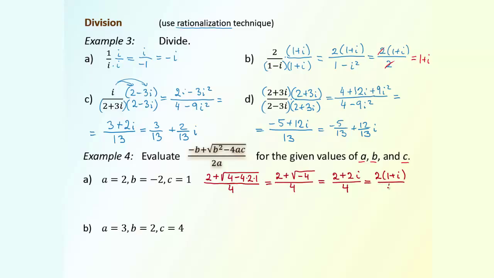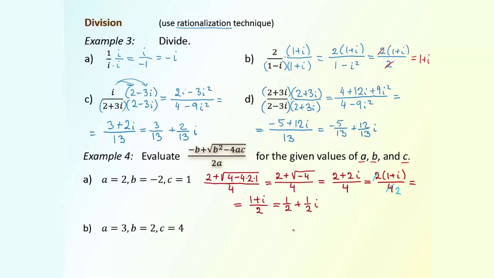Now we can reduce 2 with the 4. That becomes 2. So the final answer could be written as 1 plus i over 2, but we would like to have the answer in complex number form, so we'll separate 1/2 as a real part and 1/2 i as an imaginary part.